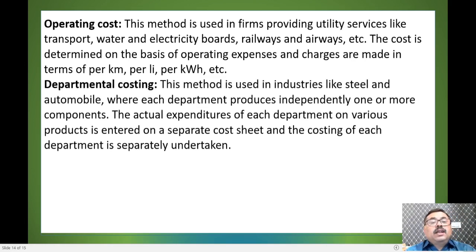Next is the departmental costing. This method is used in industries like the steel and the automobile industries, where each department produces independently one or more components.